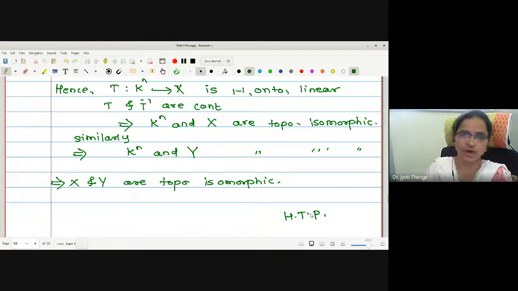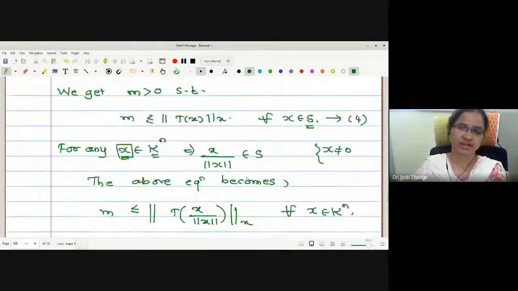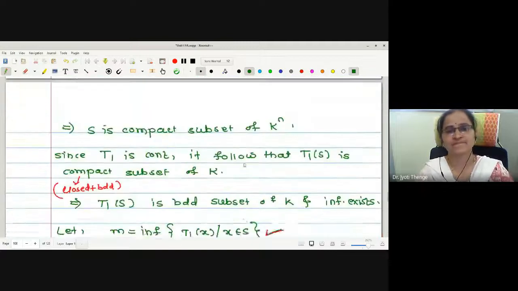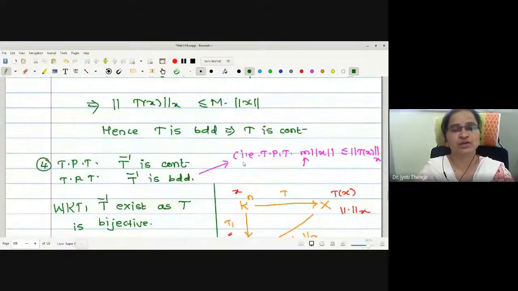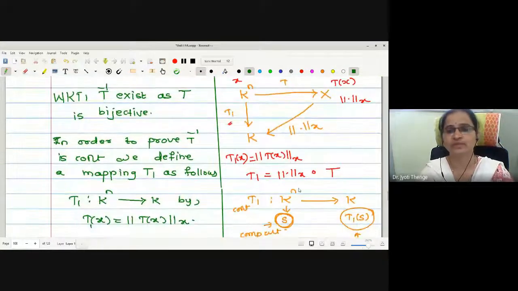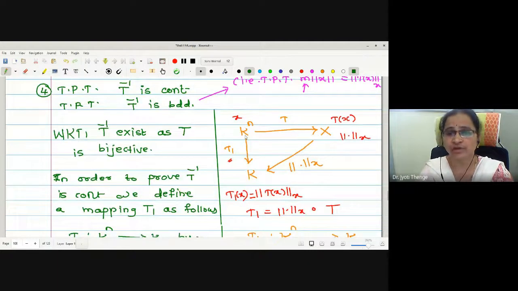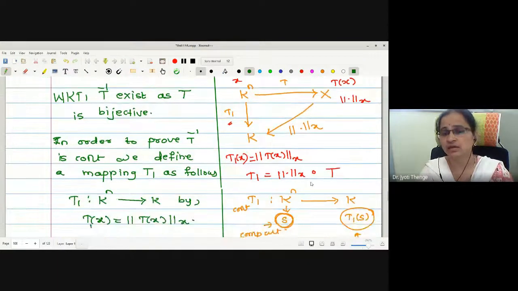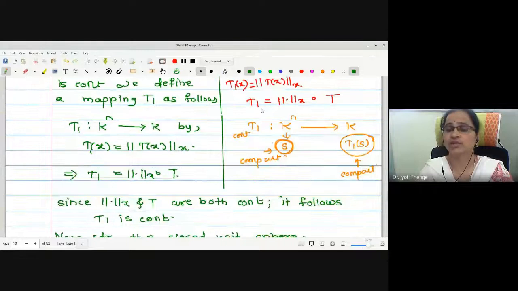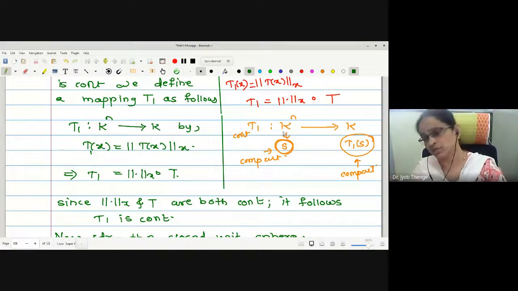Any difficulty, you can ask me. Very nice construction actually in the proof. For T continuous, no problem. But for T inverse continuous, it is a challenging job. For showing T inverse is continuous, that is, bounded, we defined another mapping, a composition. Then we took one compact subset of the domain. Knowing T1 is continuous, its image will be compact.